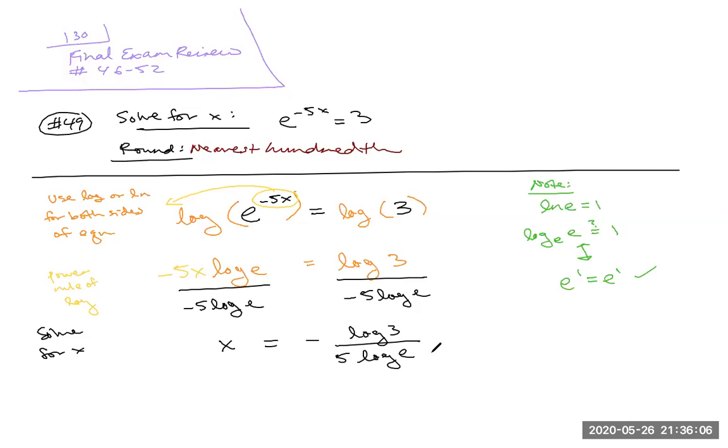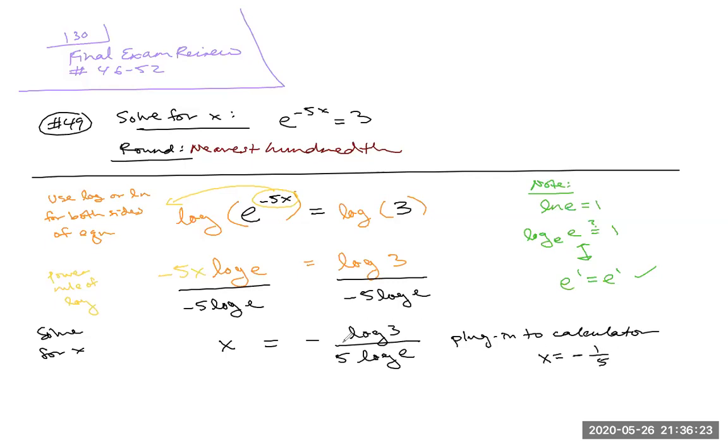And from here, you just plug in the calculator. Remember an alternate answer for this, if you weren't asked to round, would be negative 1/5.